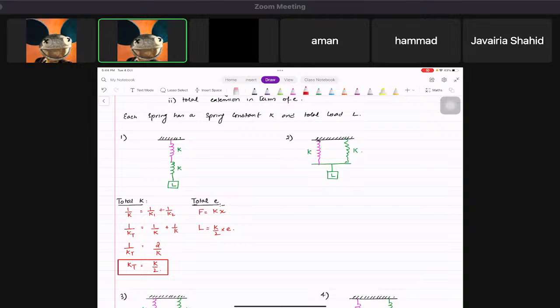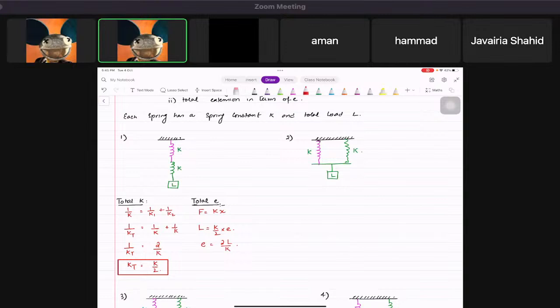So that would mean that the extension is equal to 2 times L over K. So we got to remember this, alright?